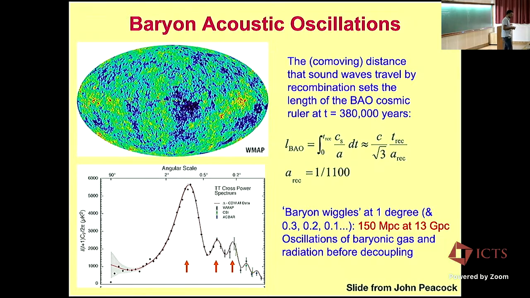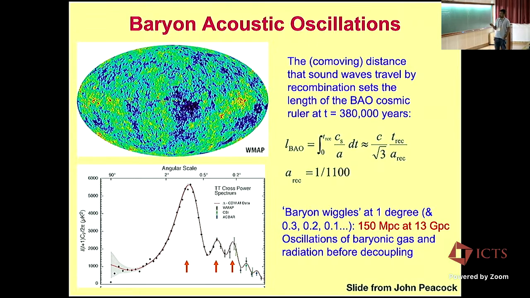Coming back to the same idea, understanding what this standard ruler is is fairly important. We can predict the size of the standard ruler, basically how far the universe has expanded until recombination, when photons start to free stream, and then we see the baryon peak, which also captures dark matter, and the dark matter pulls back the baryons.